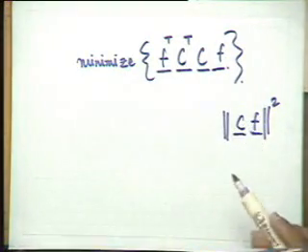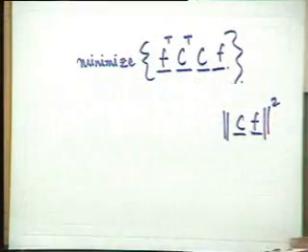Now, since C is a block circulant matrix, we can diagonalize it.